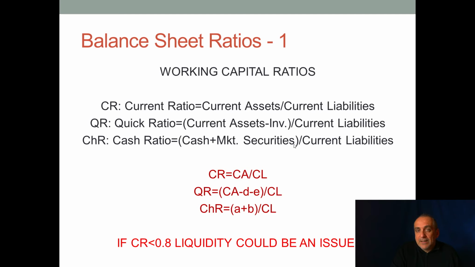The current ratio: current assets over current liabilities. The quick ratio: current assets less inventories over current liabilities. And then the cash ratio: cash plus marketable securities, so basically really cash on hand, over current liabilities. These are all indicators that you well know.